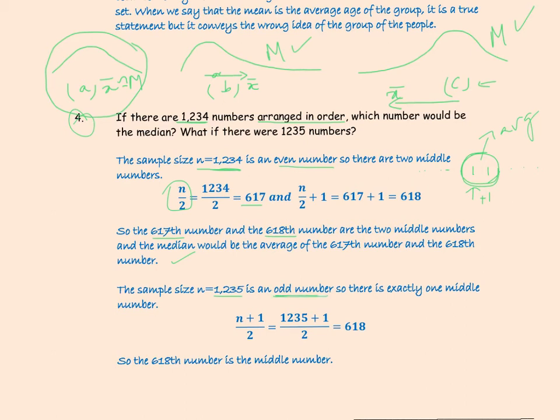So there is just one middle number, and we can locate it using the formula n plus 1 divided by 2. N is the sample size, so we add 1 to the sample size, divide by 2, and we get 618. Now 618 is not the median. However, the 618th number is the median or the middle number.